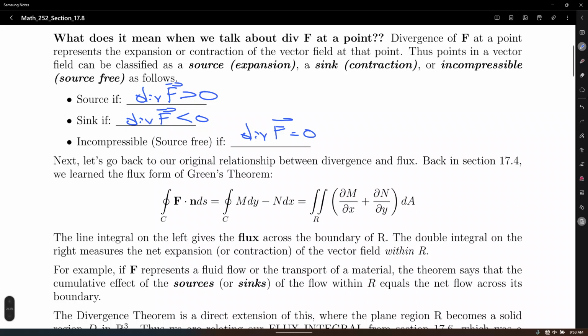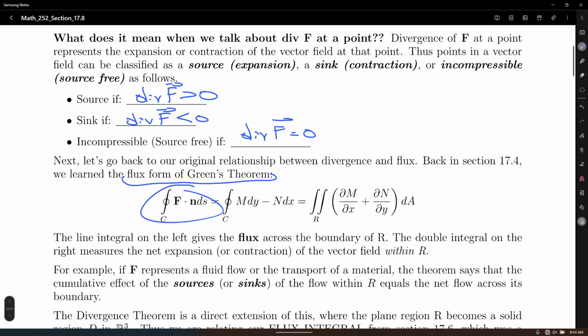Okay. So again, the second version, the flux version of Green, or the flux form of Green's theorem, which we have over here. That's no longer F dot dr, that's M dotted with n ds.